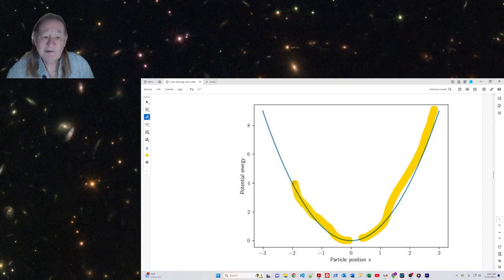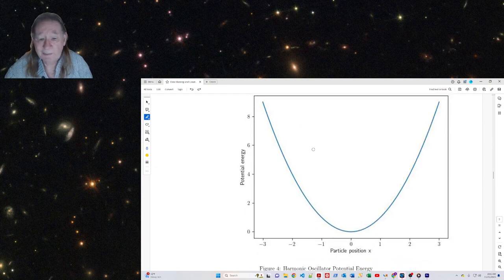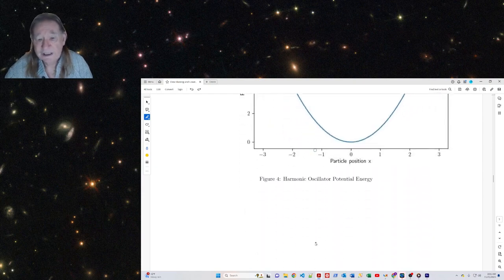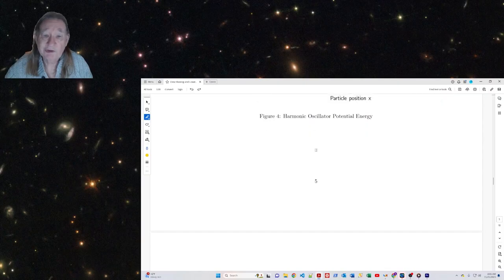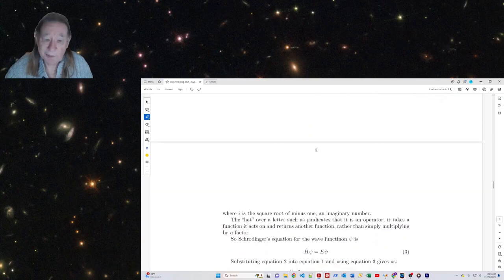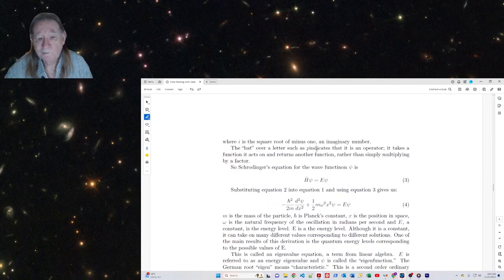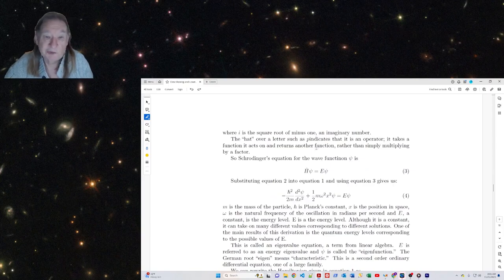And that reflects the fact that as you move away from the center, there's a greater and greater force trying to push the particle back to the middle. So that's the potential energy. It's part of the Hamiltonian because it contributes to the energy.